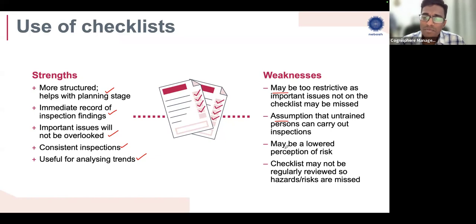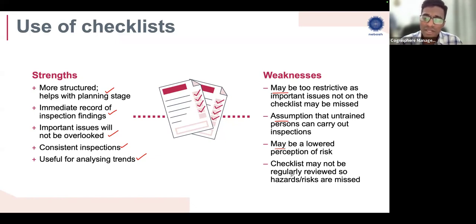Maybe a lowered perception of risk. Now, if I do a daily inspection of the housekeeping of the warehouse, okay, so my perception of risk would be very low, because I may not pay attention to the details, because it is something that I do every day. So it becomes like an activity where I may not pay attention to the details.